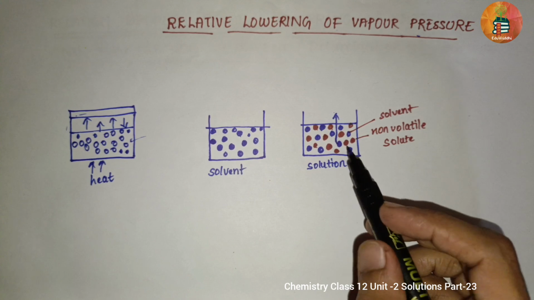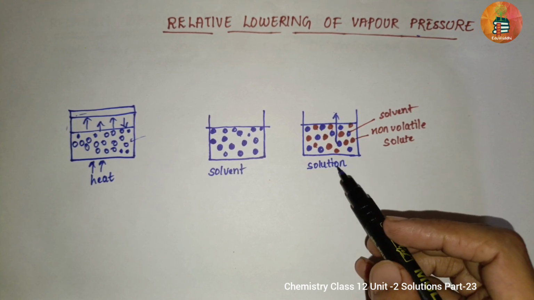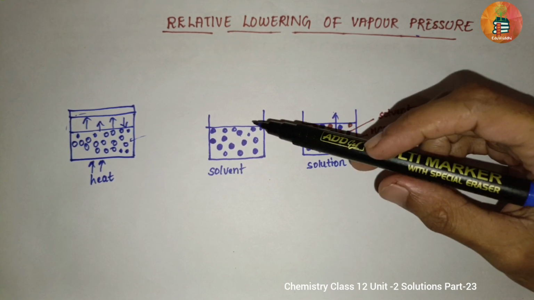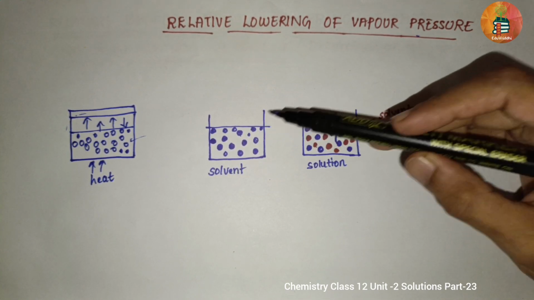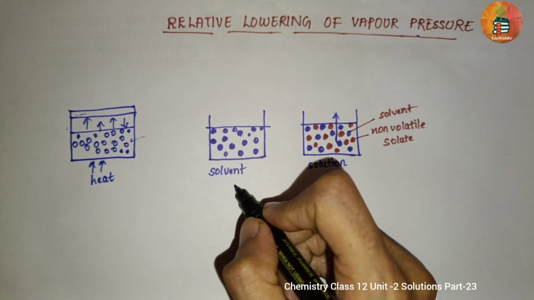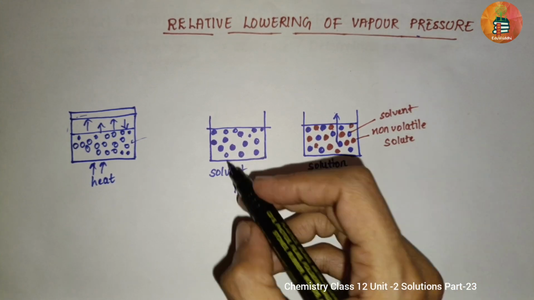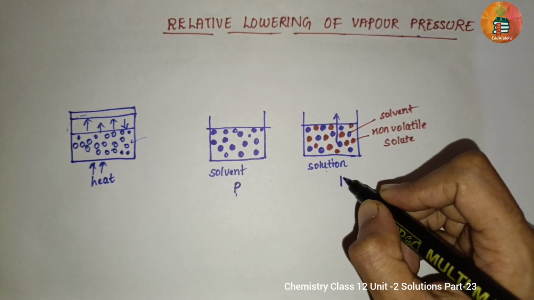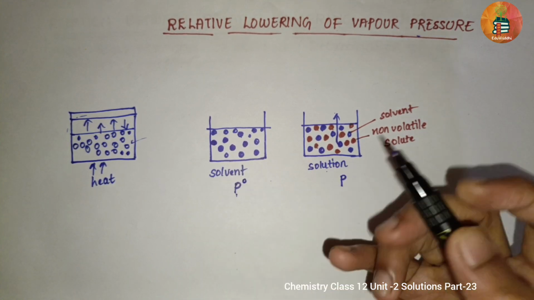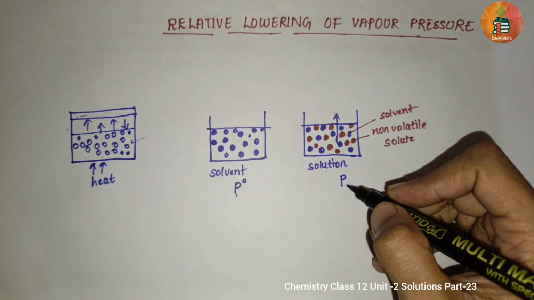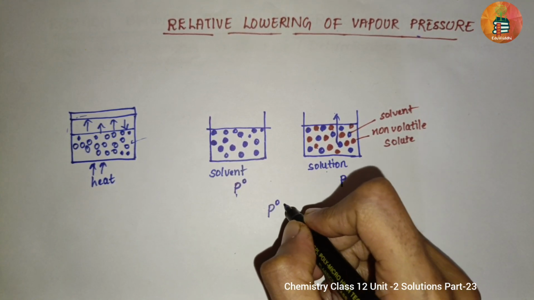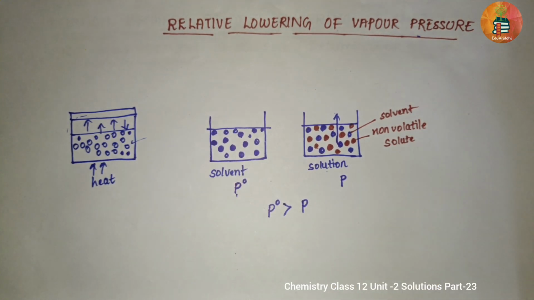But in case of solution, due to the presence of the non-volatile solute, the change of solvent molecules into vapor is a little bit slow compared to solvent. So the vapor pressure also decreases in case of solution. I will represent the vapor pressure of pure solvent as P naught, and the vapor pressure of solution as P. So vapor pressure of pure solvent is always greater than vapor pressure of solution.